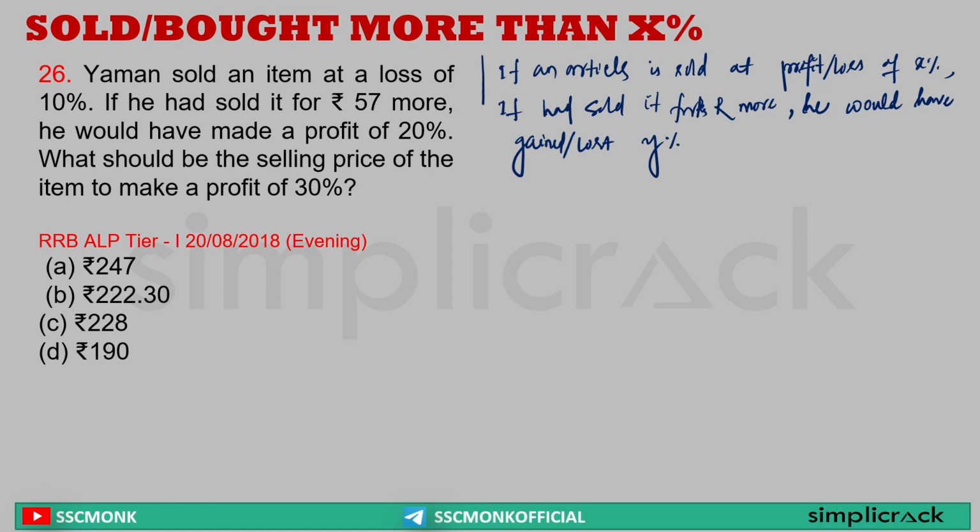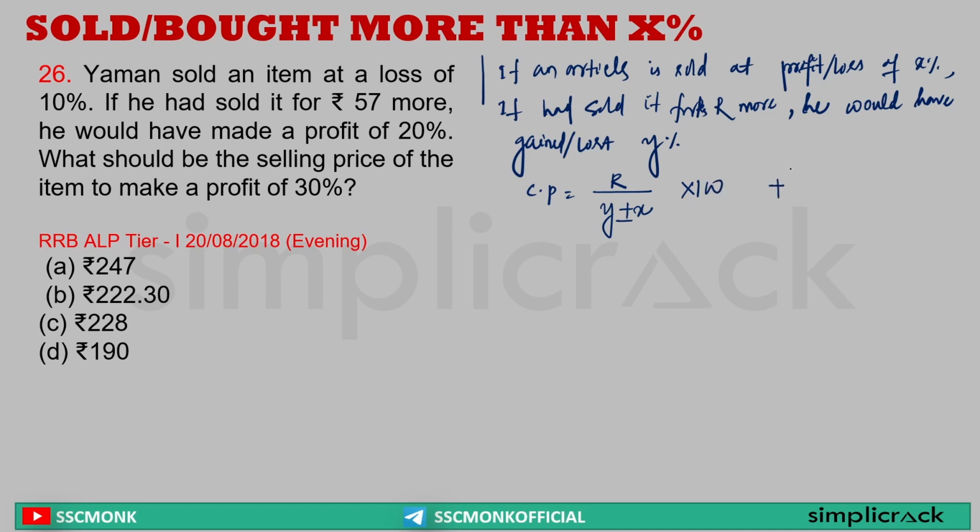Remember this. If an article is sold at a profit or loss of X%, if he had sold it for R rupees more, he would have made a gain or loss of Y%. Then cost price is equal to R divided by (Y plus or minus X) into 100.